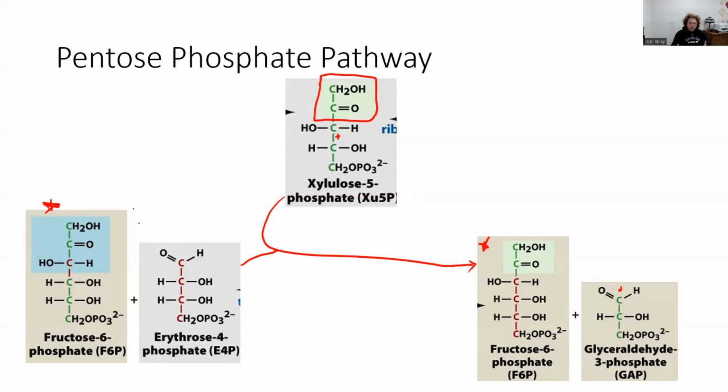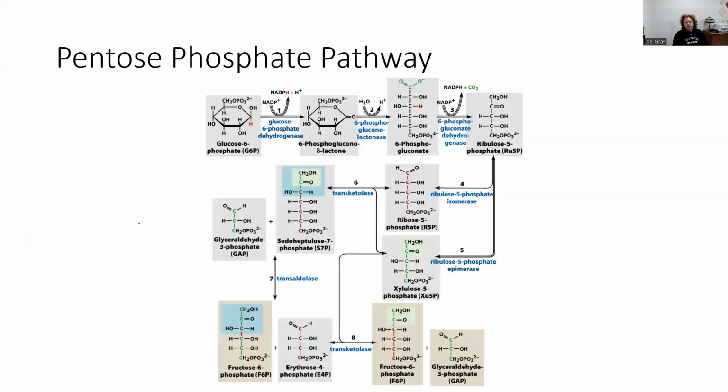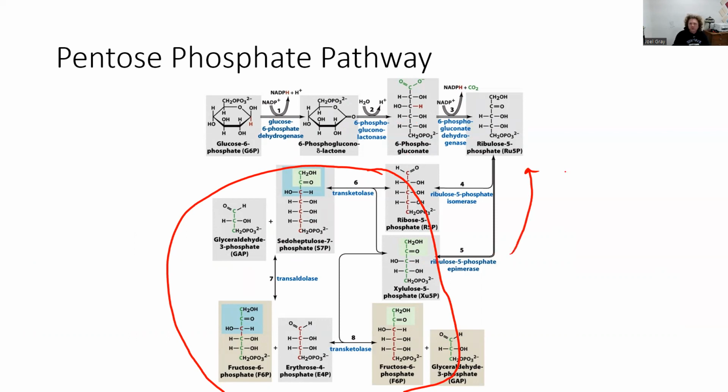But with that in mind, if we look at the pathway as a whole, one thing that's very important to recognize is that these steps right here are all reversible steps, just as going back to ribulose 5-phosphate is a reversible step.